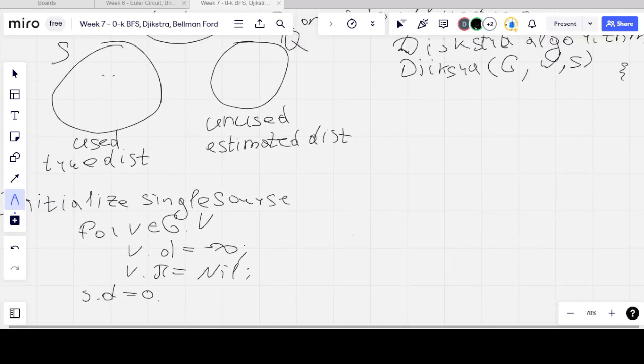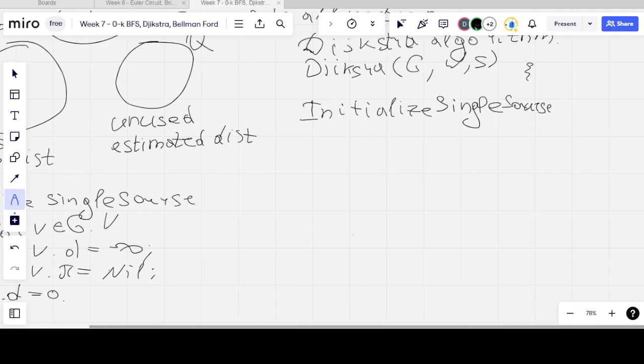In Dijkstra we just call initialize single source.